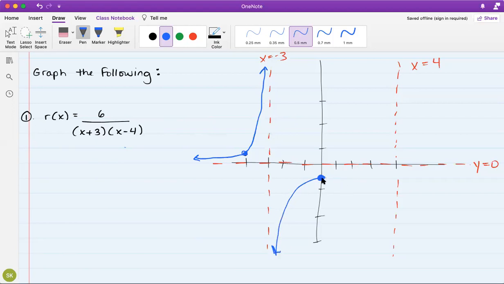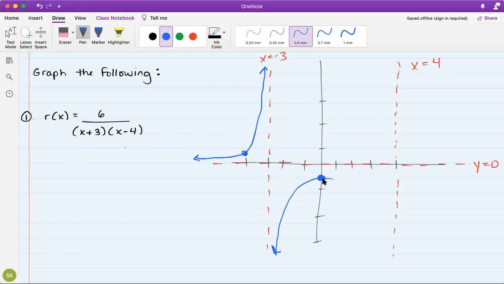And then we're also going to go this way. And the graph could go a little bit up like this. What we're doing is we're sketching a graph, so it doesn't have to be perfect. We just need to get the idea of what happens with this function. Of course, it could go a little bit up here, but it would have to go downward in a nice smooth turn down like that.